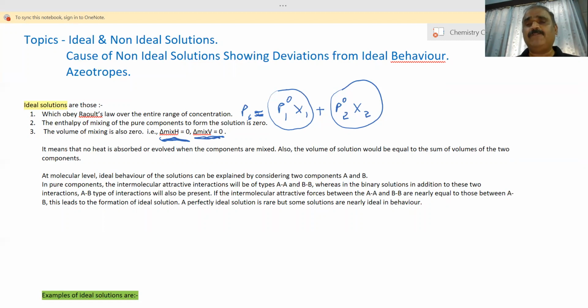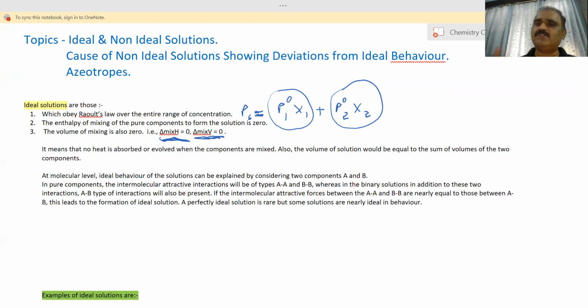But if on mixing 25 ml of component 1 and 25 ml of component 2, we are getting the volume of solution as 49 ml or 51 ml, that means there is change in volume on mixing the components. So that should not be there.